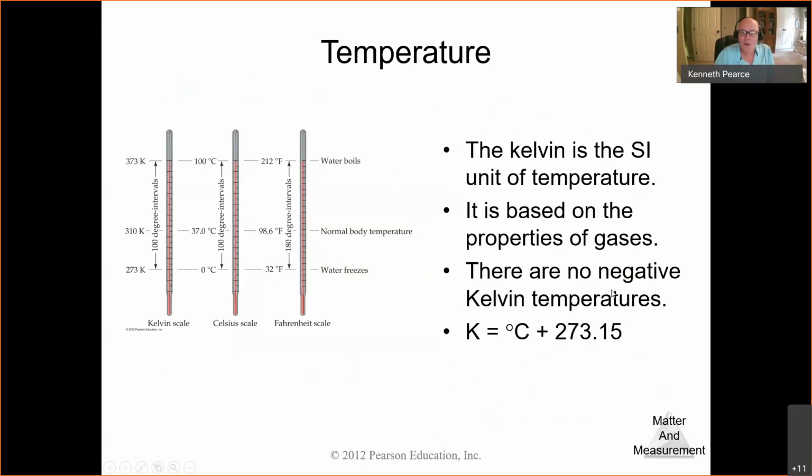And so, since Kelvin is defined on the properties of gases, we end up with this conversion factor, which I just showed you. But this is the really important thing right here. No negative numbers in Kelvin. And you may say to yourself, well, why does that matter?